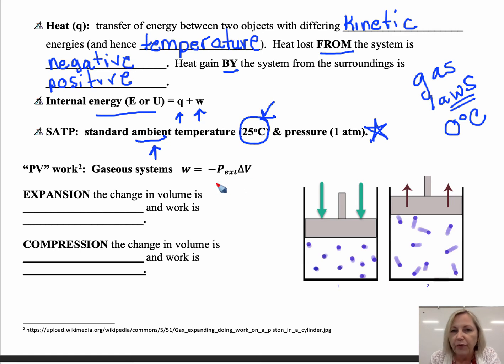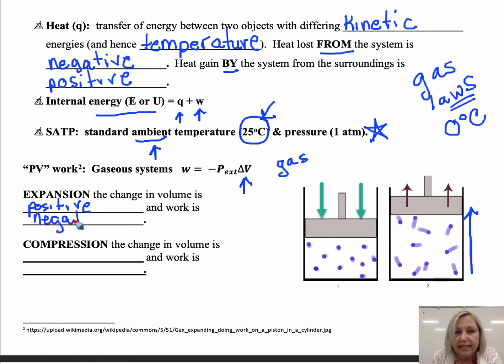Now, I briefly mentioned before, the only calculations with work we're going to be doing would be with a gas, and we will look at changes in volume of that gas. So work in that case is minus the external pressure times the change in volume. If I have an expansion, my final volume is bigger than my initial volume, so the change in volume is positive. If the change in volume is positive, the work is negative.